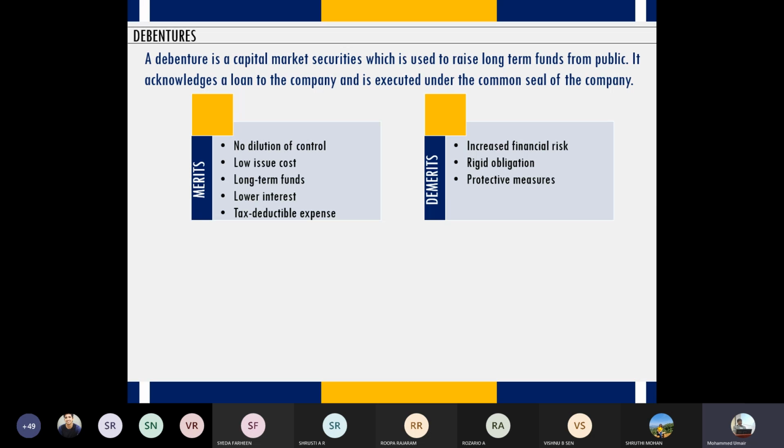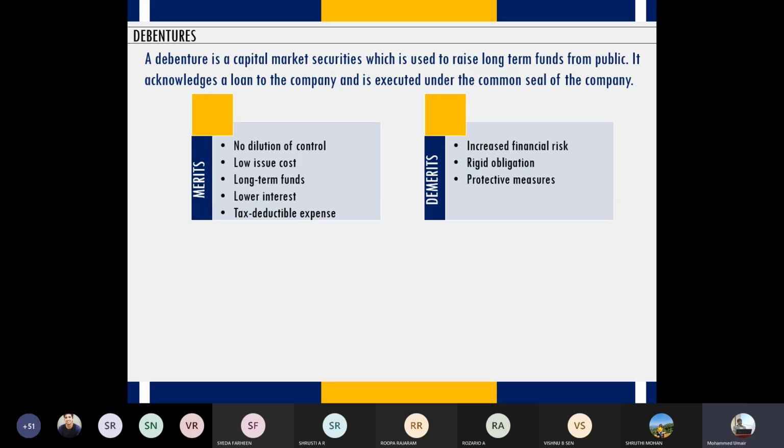You can't get away with this, unlike shares where payment of dividend is optional and at the discretion of the board of directors. But here it's not like that. Whether a company has taken a secured loan or unsecured loan, interest payable is a must. The company can't shy away from the responsibility of meeting the obligation of paying timely interest to the debenture holders.